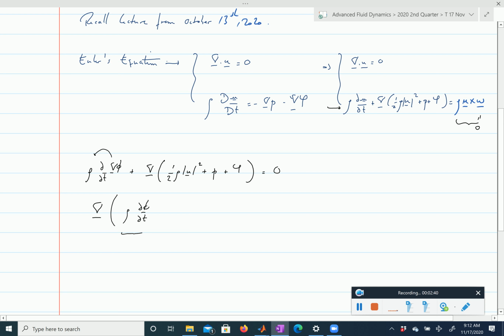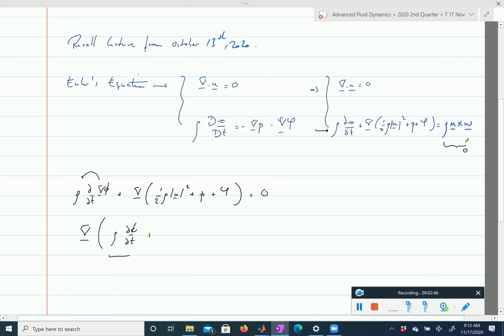This term comes from the unsteady term, so this comes from the rho du dt term, plus the rest. The 1/2 rho u squared previously came from the u grad u term in this equation, plus pressure, which came from the minus grad p term in the momentum equation, plus your force potential.